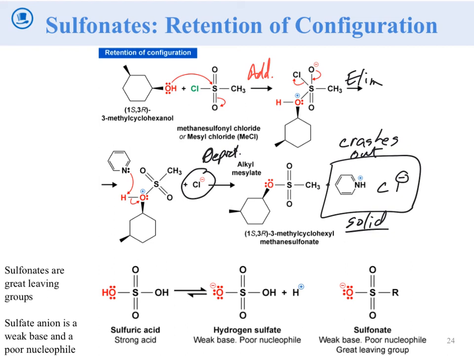You literally see white powder on the bottom of your flask, this salt. And what does that do? Can this chloride then react if it's a solid? If this is in solution, can this Cl minus react? Well, no, right? It's the same idea as the gas. Once it's out of solution, it's done, whether it's a gas or a solid. So that's what makes this stop at this point. Then once you have this, you can do step 2 and add in any nucleophile you want and do inversion.